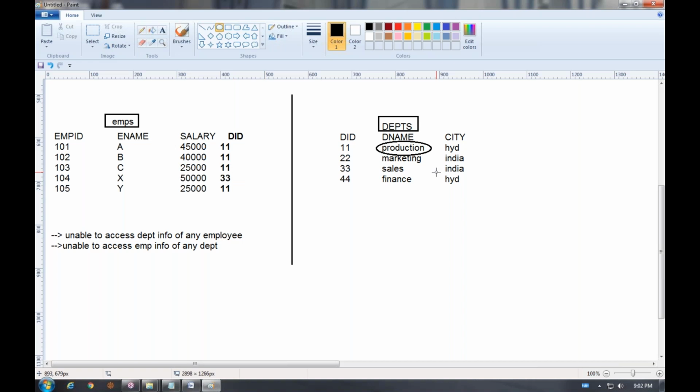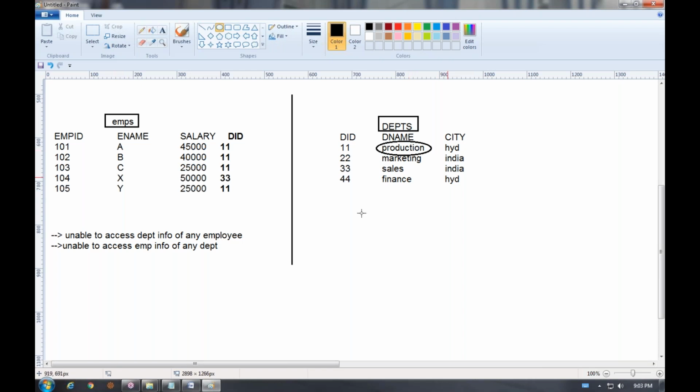What is the minimum salary for production employees? 25,000. Yes, Pritul. And what is the highest salary under production? 50,000. Right? Now you are able to get complete information about the department.